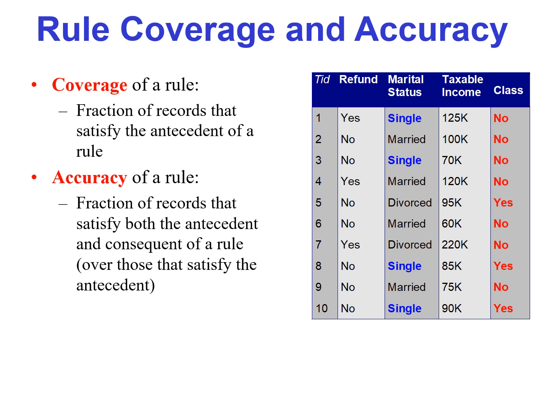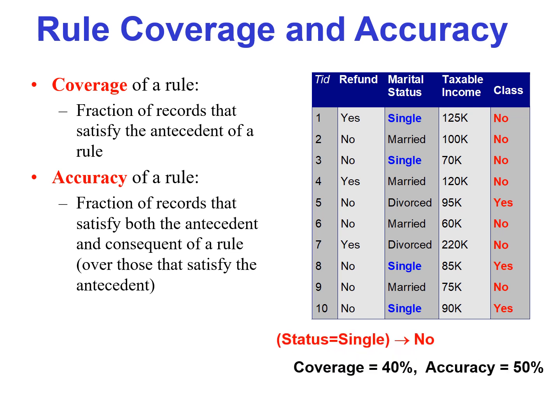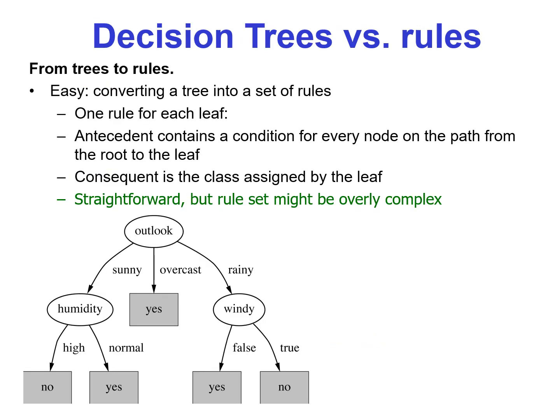In that we have attributes like refund, marital status, taxable income, and we are classifying it. Depending on the content, we can say the coverage value as well as the accuracy value. Status single, automatically tax evasion is no. So here coverage is 40%, accuracy 50%. See the table, you can understand.